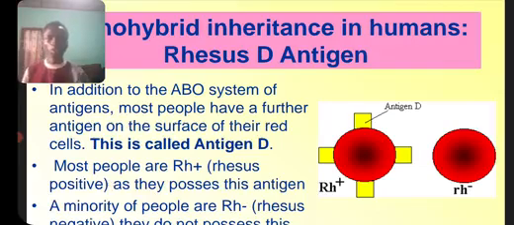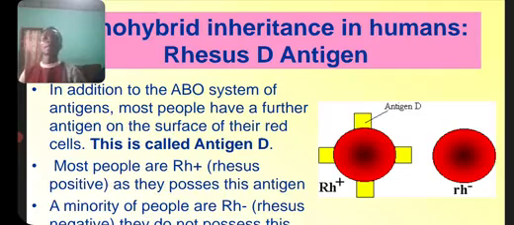In addition to the ABO blood system of antigens, most people have a further antigen on the surface of their red blood cells, and this is called antigen D. Yes, we have heard of antigen A, antigen B, and no antigens. You get what I'm saying.